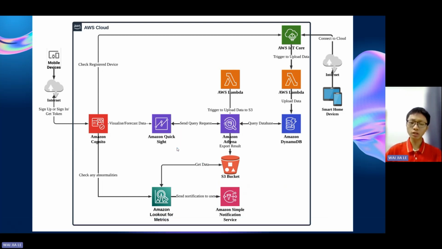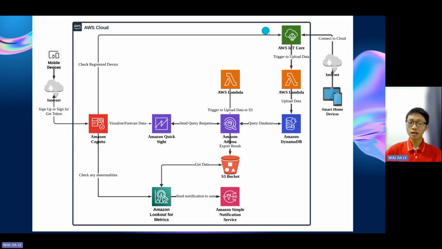And now, how does the detector do the real-time detection? So we will use AWS Lambda to trigger Athena to query the DynamoDB table every 1 hour. So Amazon Athena will export the result to the S3 bucket for the detector.